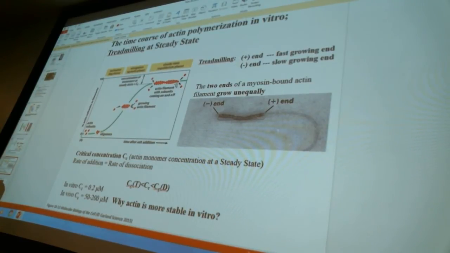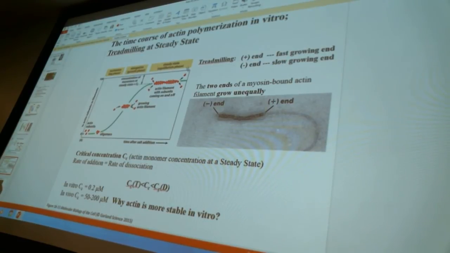And at some point in time, under certain biochemical conditions, so we're talking about salt conditions, there is a plateau, and it doesn't matter how many more single-unit actins are present and floating around, the filament will be retaining this constant maintenance of rate to add a particular number of actins and to lose a particular number of actins.